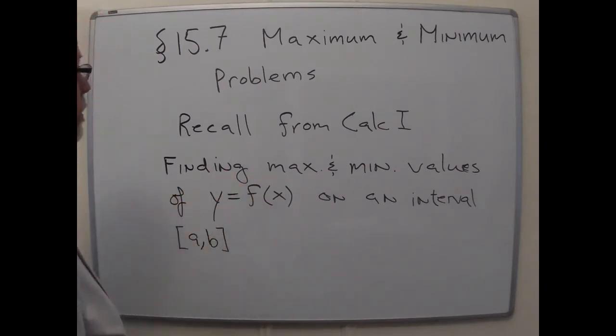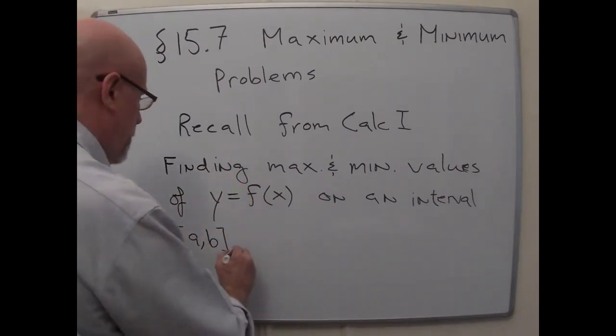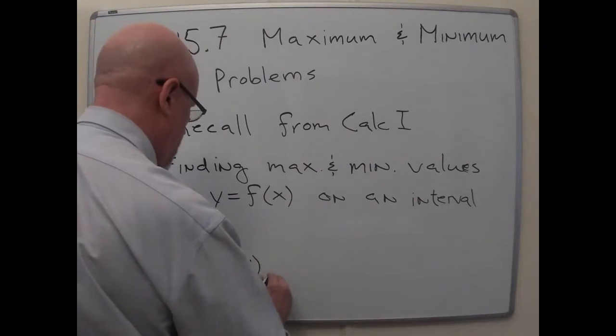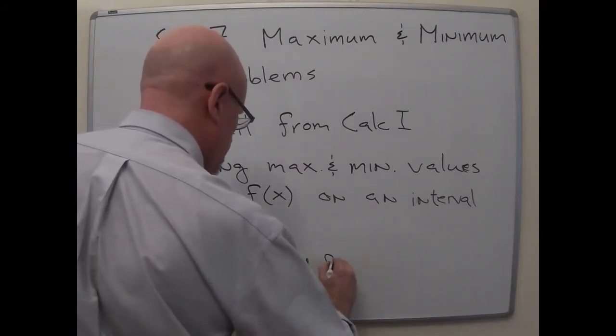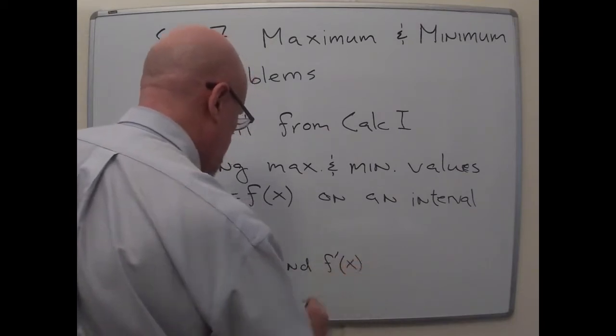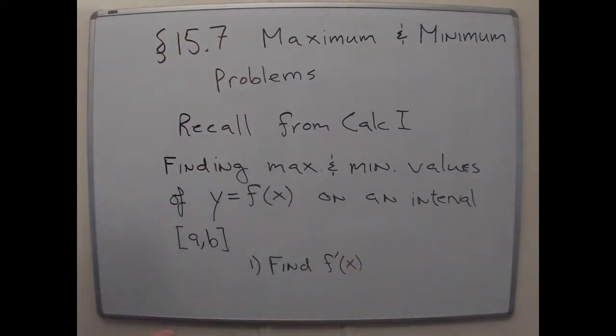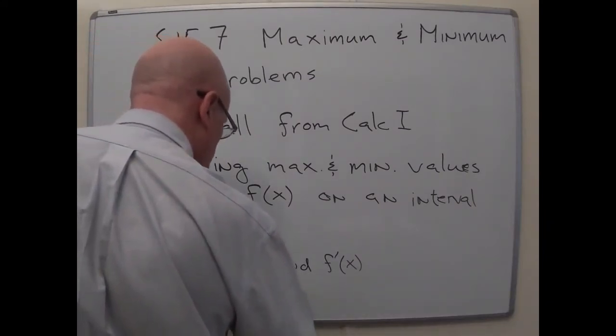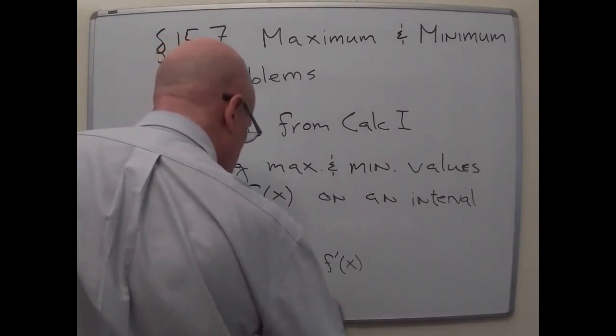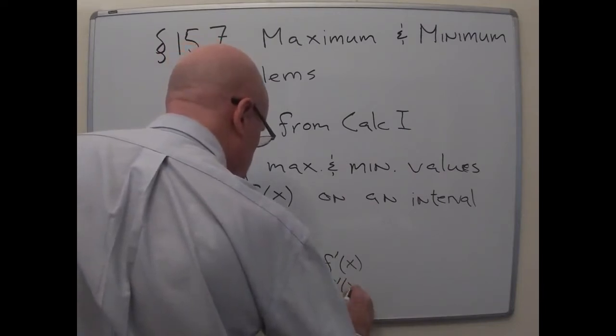One is you take the derivative, because after all it's calculus, and that is you find f prime, well, that'll be a function of x. You set it equal to 0 and solve. So that is, you're going to solve f prime of x equals 0.